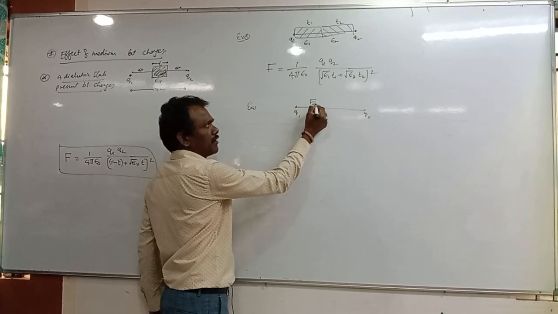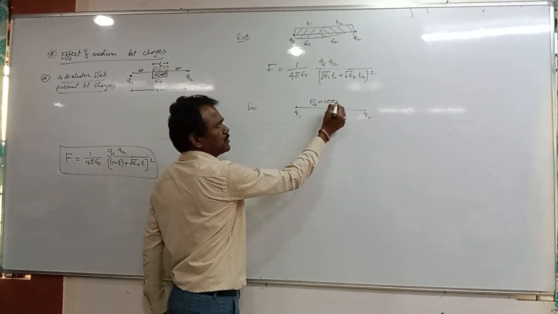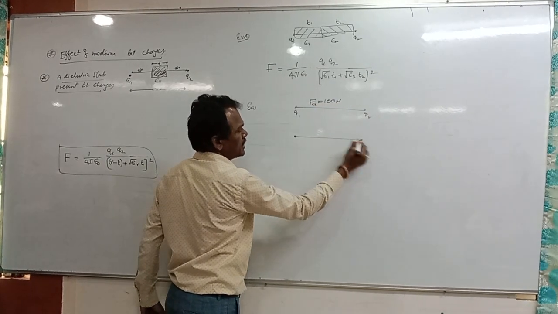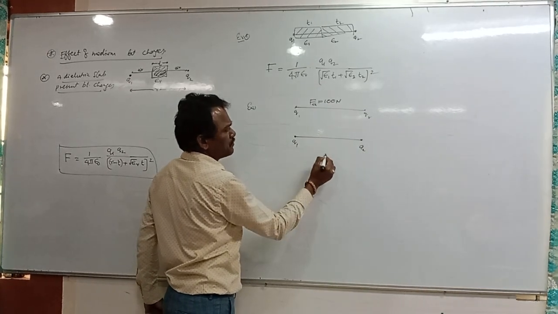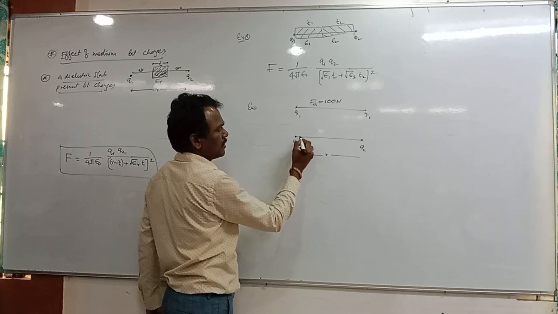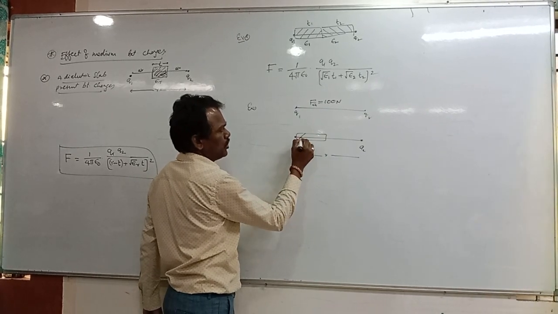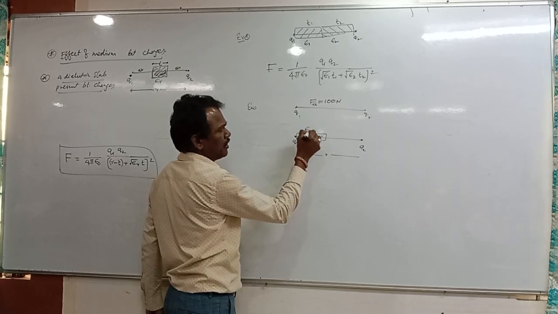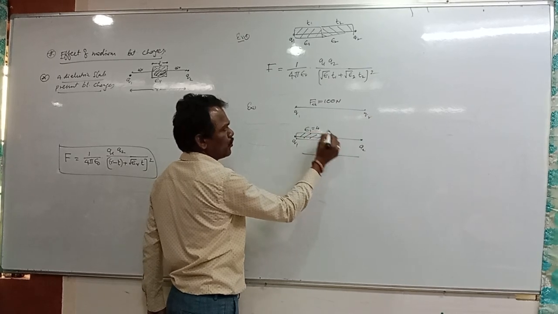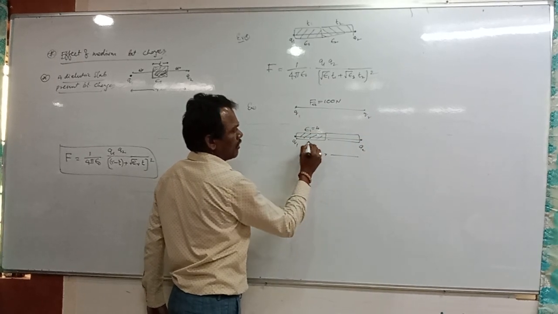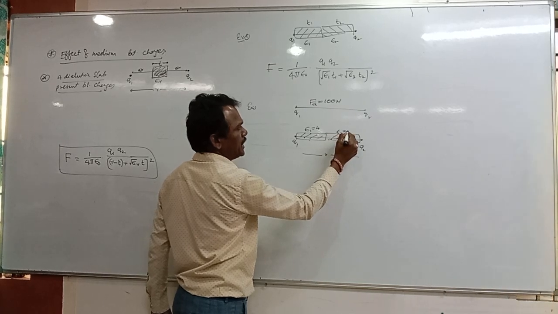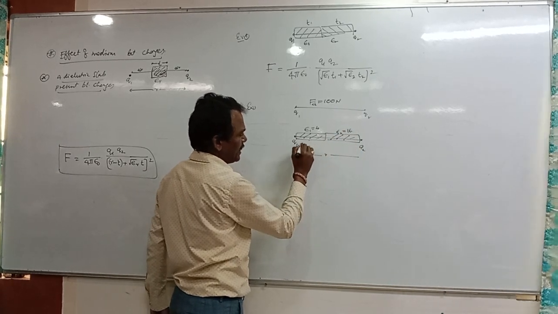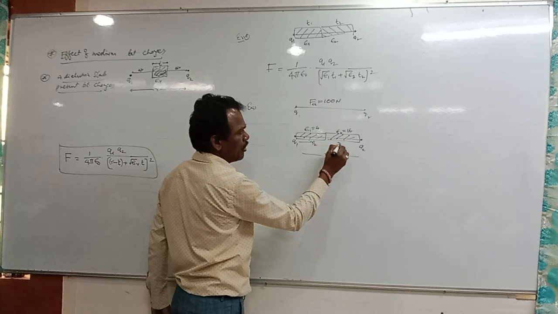In air, 100 newtons of force is there between the two charges Q1 and Q2 at the same distance. But now two different media are taken: epsilon 1 is 4 and epsilon 2 is 16, of thickness r by 2 and r by 2.